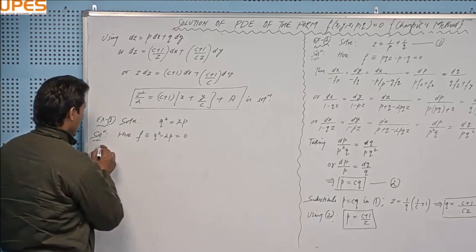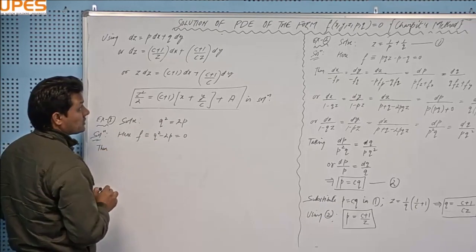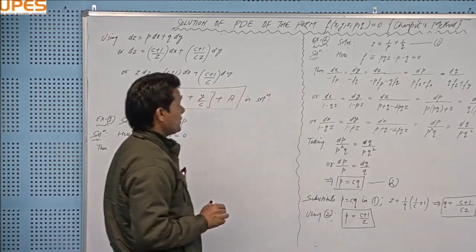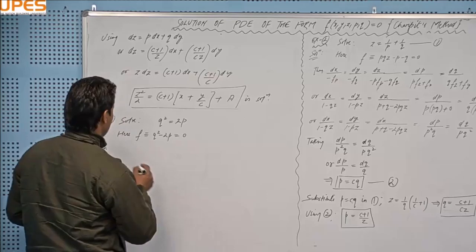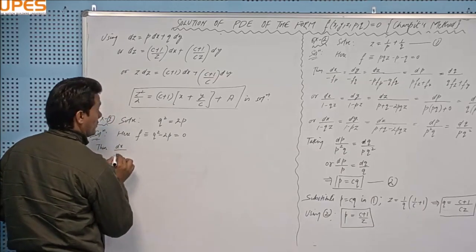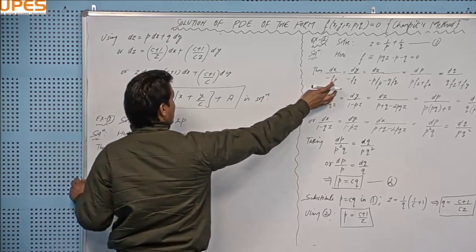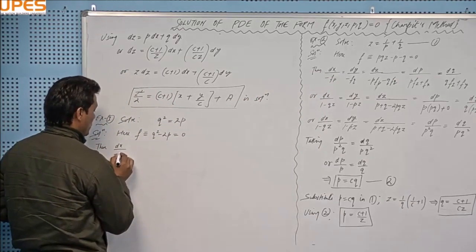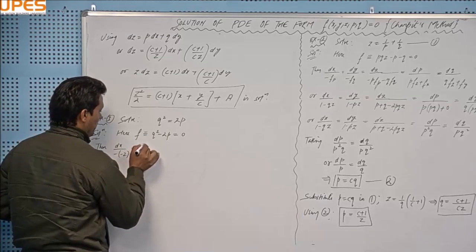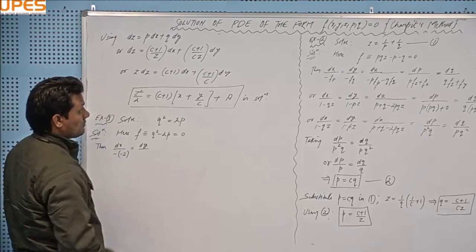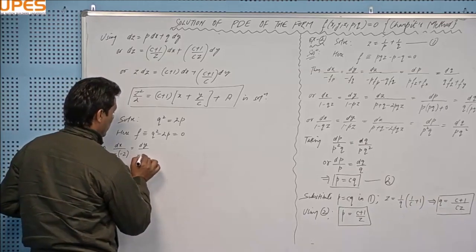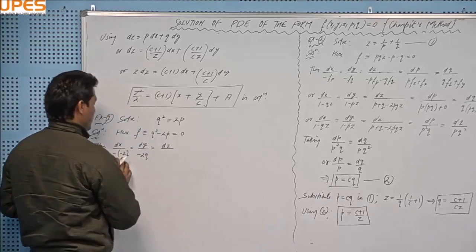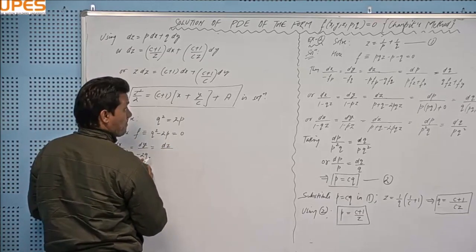Then I am trying to write this equation directly using this formula. dx upon minus del f by del p, and that will give me minus del f by del p, that will be 2, so it becomes minus 2. dy upon minus of del f by del q, that will give me minus of 2q. Then dz upon p dx plus q dy, right?